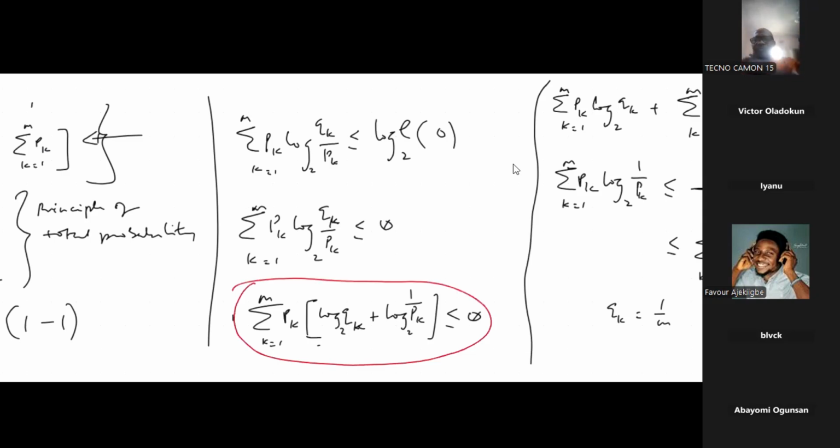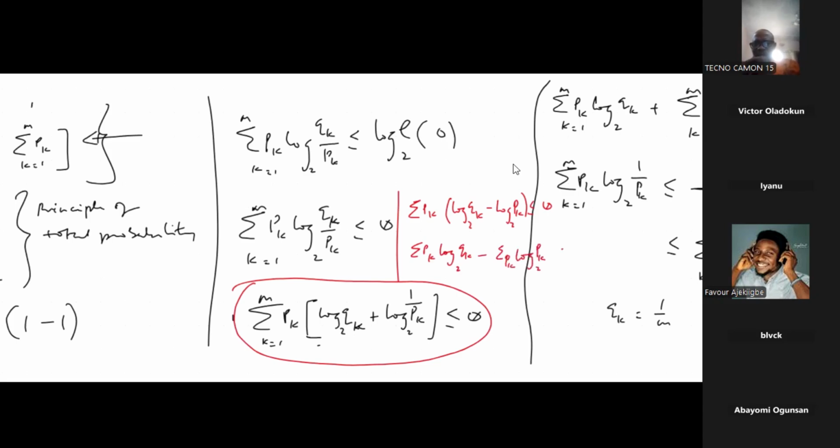So why didn't we just say sigma P sub K into bracket log Q sub K minus log P sub K, this is base 2, less or equal to 0? So that we now have sigma P sub K log Q sub K minus sigma P sub K log P sub K base 2 less or equal to 0.